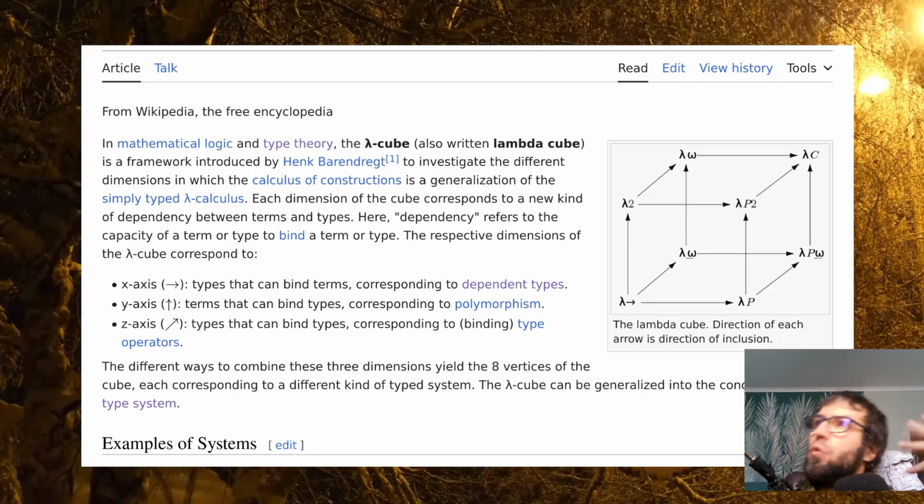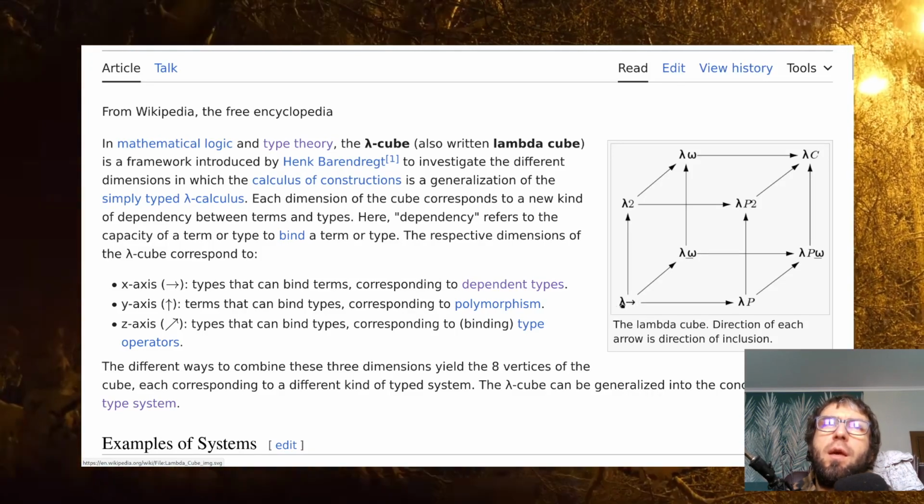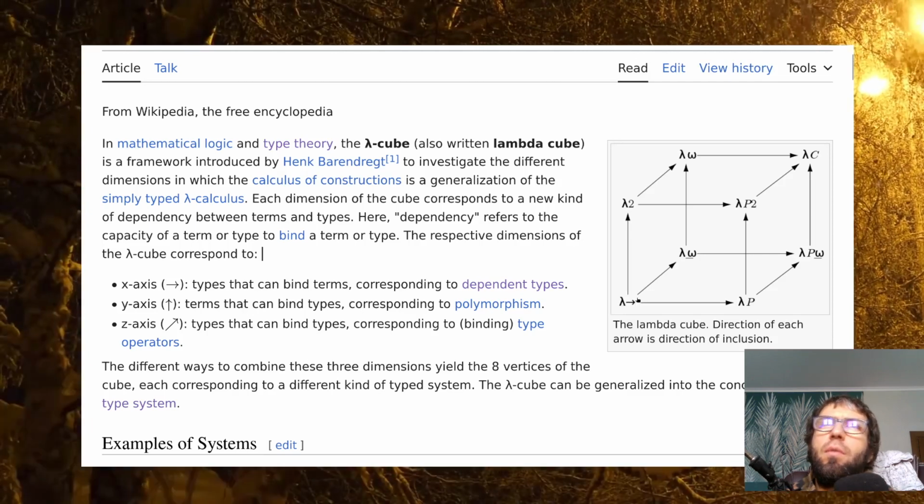When you combine these three types of arrows, you receive some point on this lambda cube. So actually you receive some kind of type system. For example, you start from this point, the simply typed lambda calculus, and add to it the ability of polymorphism.